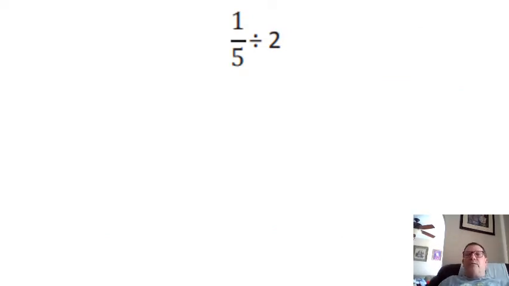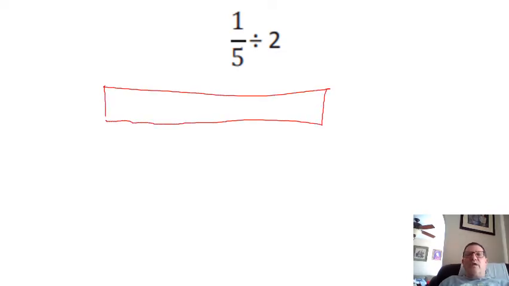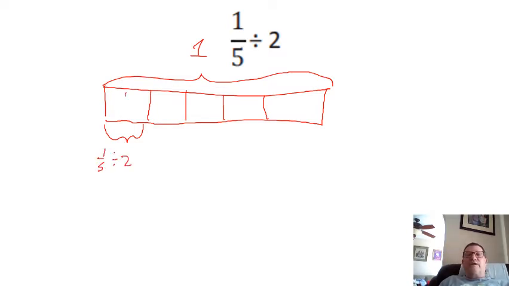All right, so now let's draw a tape diagram of this one real quick. We know that this here, the top, since we're dividing a fraction, would be 1, and I'm going to split this into fifths. 1, 2, 3, 4, 5 fifths, and this is the one I'm dividing, because that's 1/5 divided by 2, so I'm dividing it into 2.